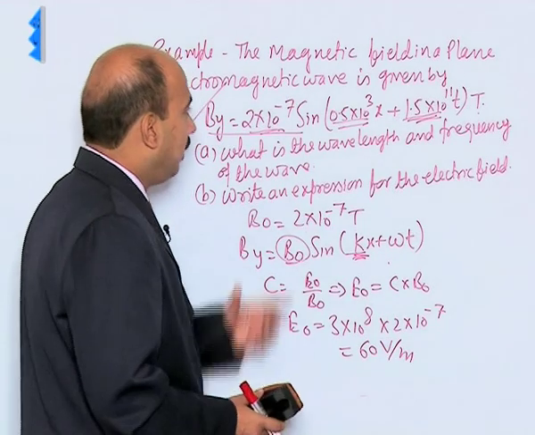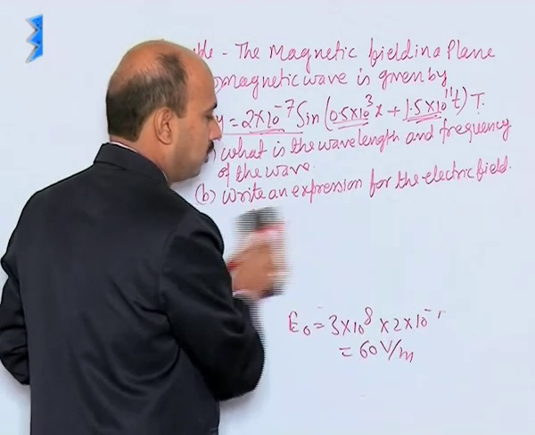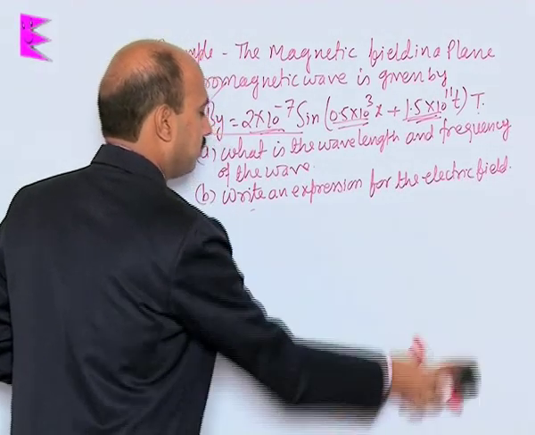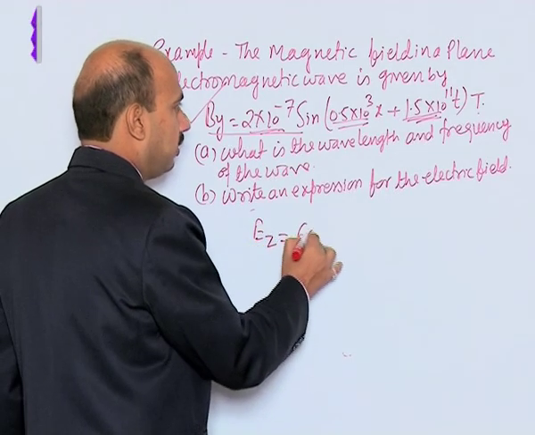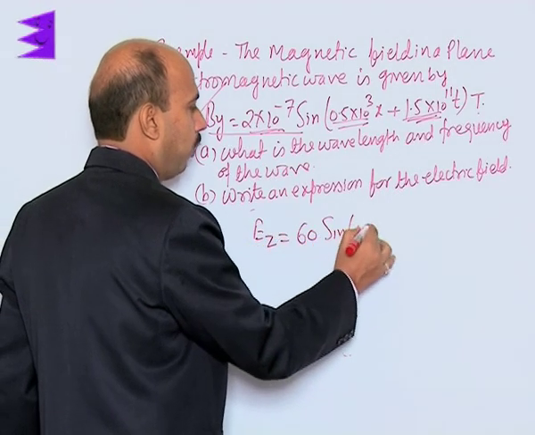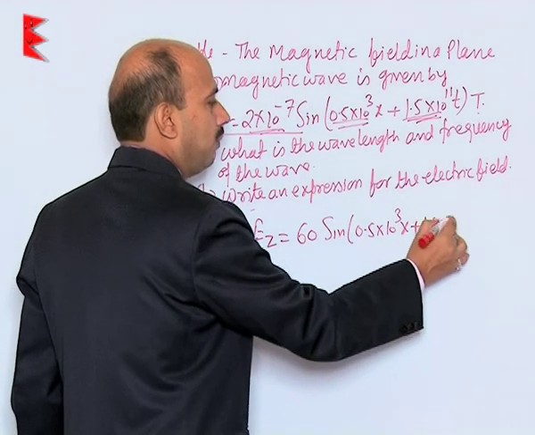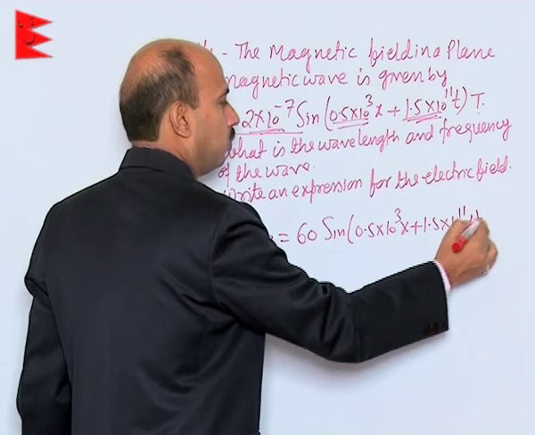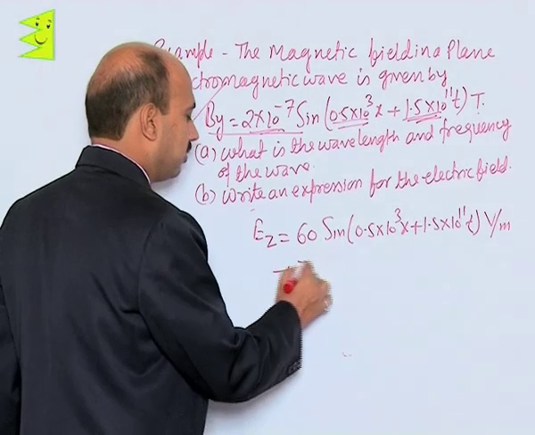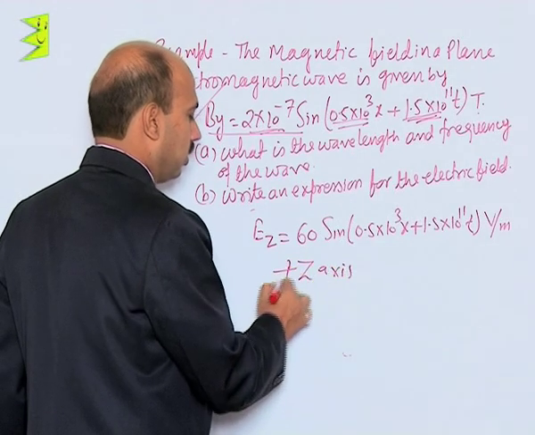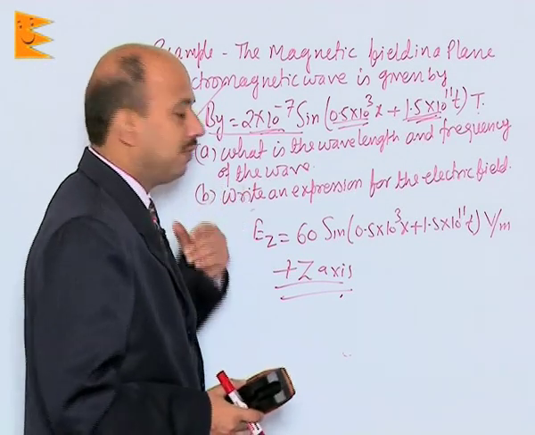So, we can write the same equation for the electric field, and when you write this one, you will get Ez is equal to 60 sin (0.5 into 10 raised to power 3 x plus 1.5 into 10 raised to power 11 t) volt per meter, and this wave is travelling along the plus x axis, because the wave is propagating along x axis and magnetic field is along y axis.